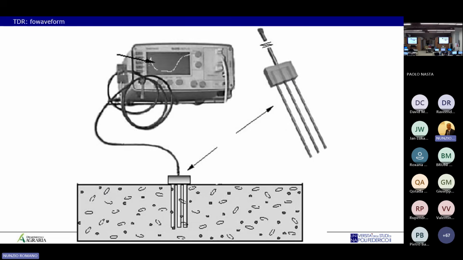Because we need to look at how the voltage changes, because with the measurement with the TDR, and I want to be very clear on that point, TDR does not measure the saltwater content. Actually, TDR measures the permittivity, but you obtain the permittivity because you look at the waveform. The waveform is important.